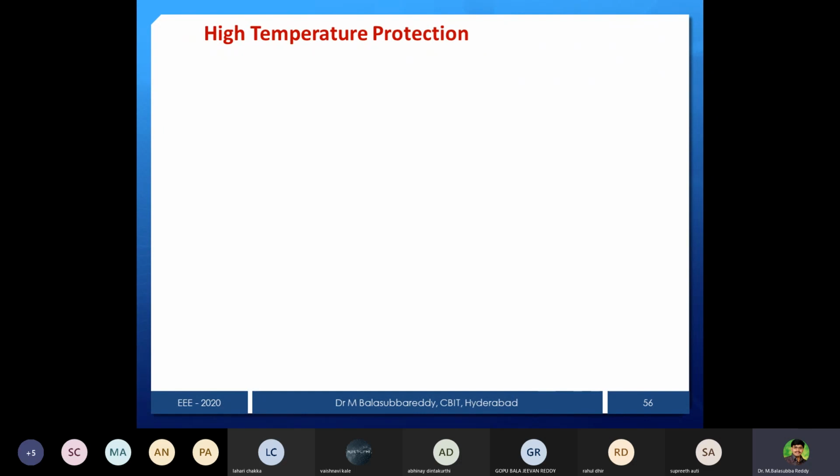How does that happen once the device is forward biased? Let the anode be positive with respect to the cathode. Then what is happening inside? The outer junctions are 2 and the inner junction is 1. The outer junctions are forward biased, and J2 is in a non-conducting or reverse bias condition. A very small leakage current will pass through junction J2. Due to that small leakage current, temperature will rise, which leads to power dissipation.